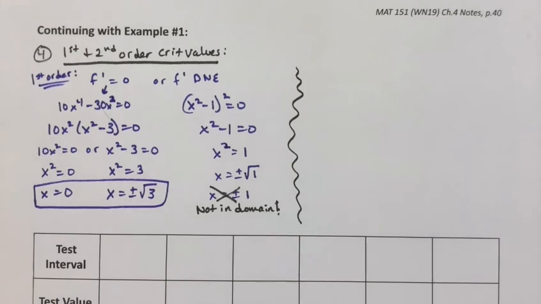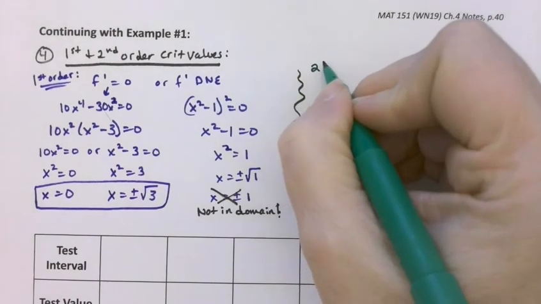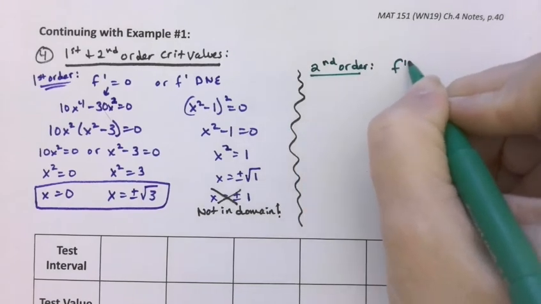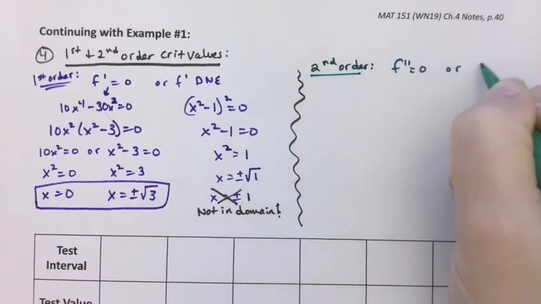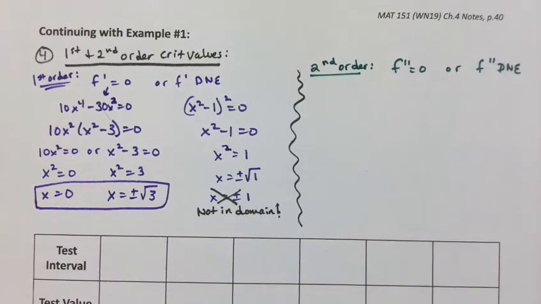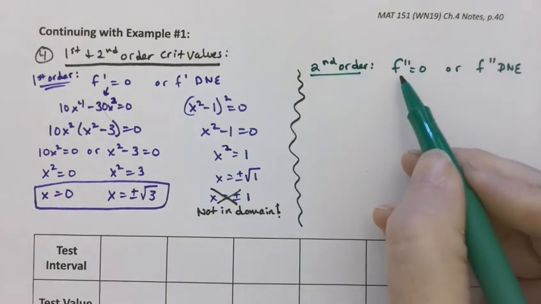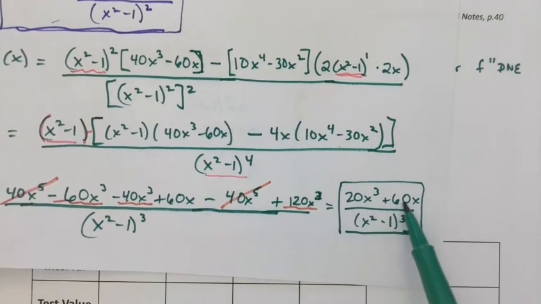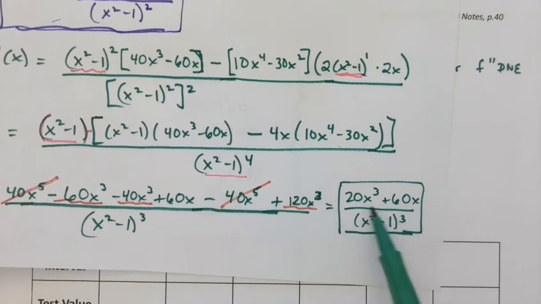Now let's find the second order critical values. Again, that would be where f double prime is equal to 0 or f double prime does not exist, the second derivative. When we simplified it, it had a numerator of 20x cubed plus 60x.